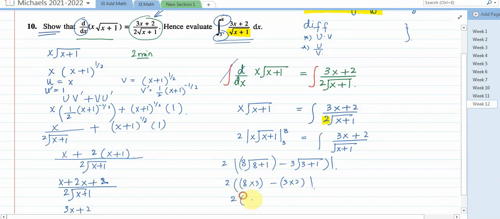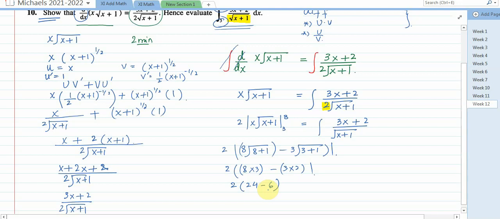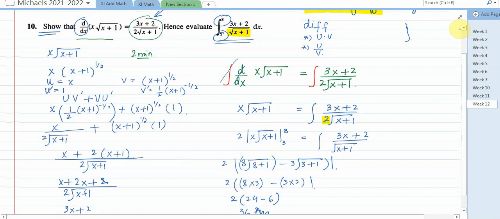So 8 3s are 24, minus 3 2s are 6. So 24 minus 6 leads to 18, and 18 2s are 36. That is your answer.